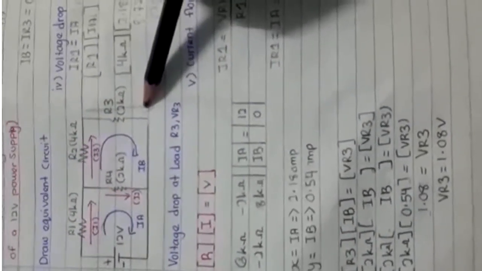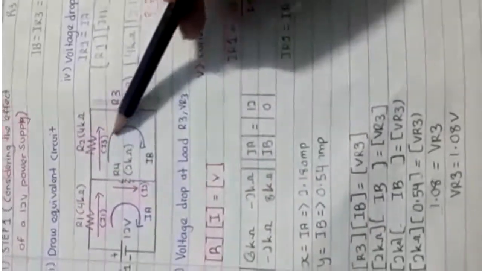So VR3 means R3 value is 2k, and then IB is the second loop. So IB, I got the current is 0.54. So now we multiply R3 and IB, so I got 1.08.